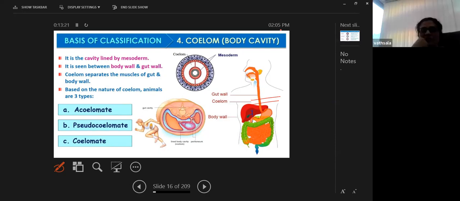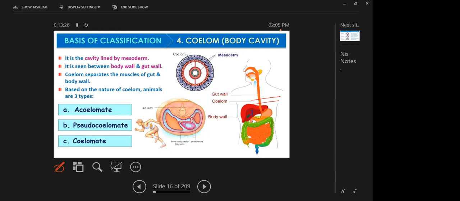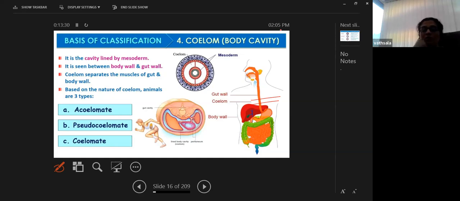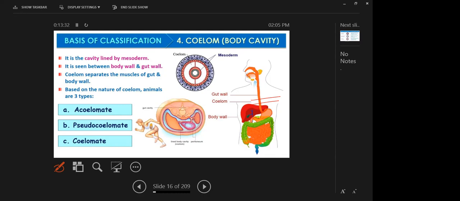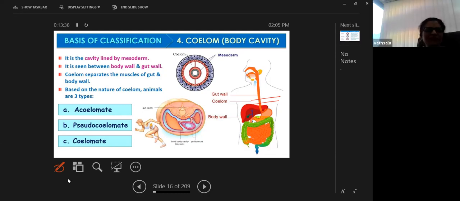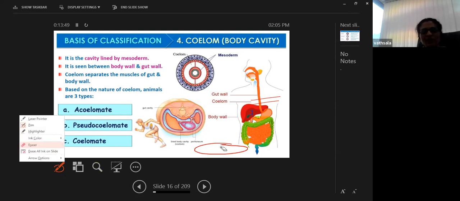What is that hollow space called in your body? Ma'am, the chest cavity. Is it chest cavity? Wherever in your body, if I take a cross section just like this, what do you get to see? That is what I'm asking you.